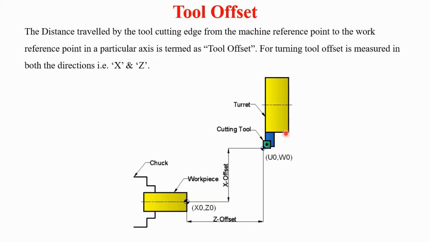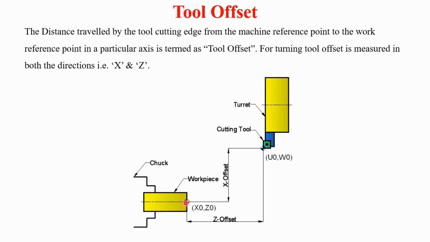Then one more important term required while studying CNC programs is tool offset. The distance traveled by the tool cutting edge from the machine reference point to the work reference point in a particular axis is termed the tool offset. For example, this is the tool mounted on the turret, and this is the workpiece mounted on the chuck.